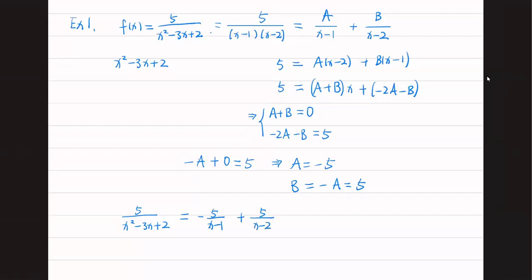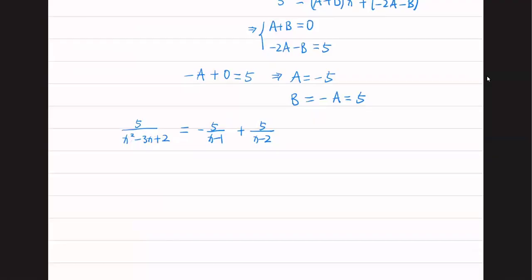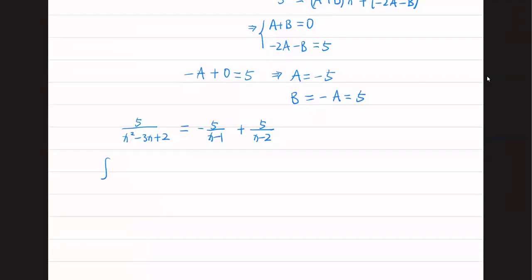Then the integral. Okay, let me give you a few minutes to find this integral of the quadratic function, rational function. Okay, let me know when you finish. Let's start the work. Okay, so we have the decomposition.